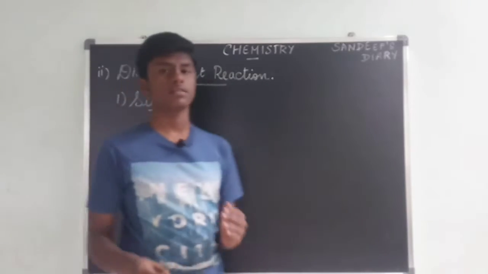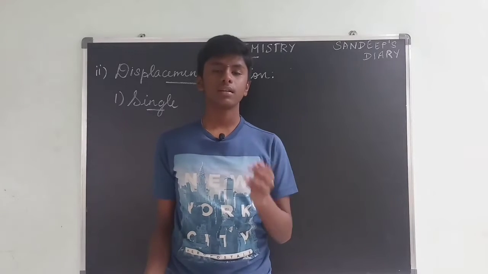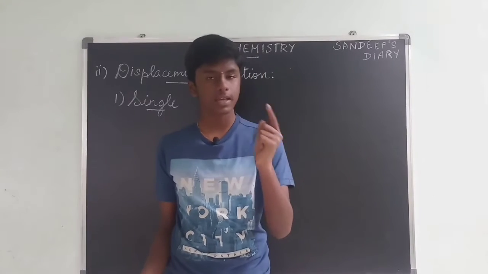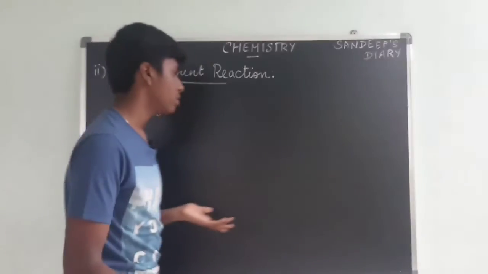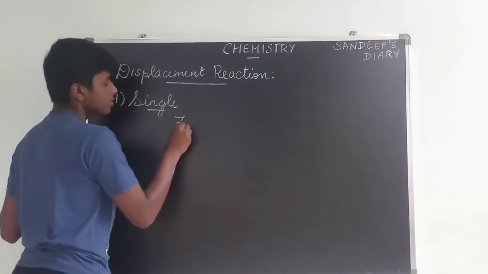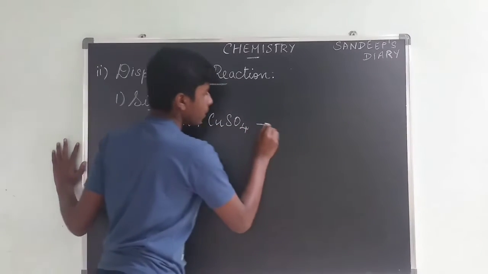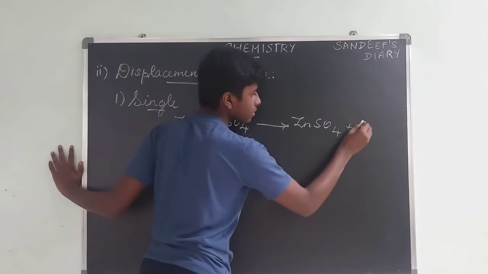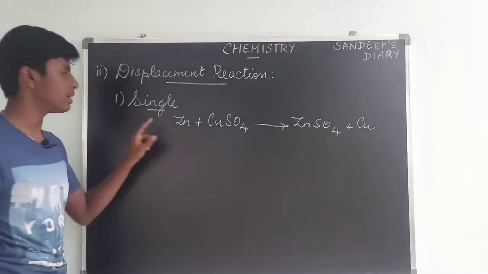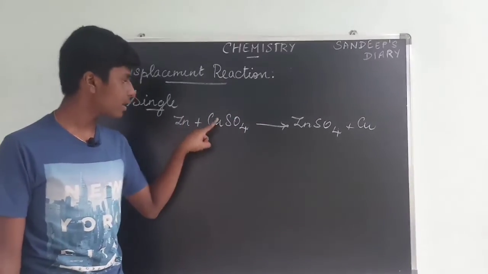Single displacement means only one substance displaces another substance. Let me give an example. Zinc plus copper sulfate produces zinc sulfate plus copper. Here you can see zinc displaced copper. Only one substance displaces the other substance.